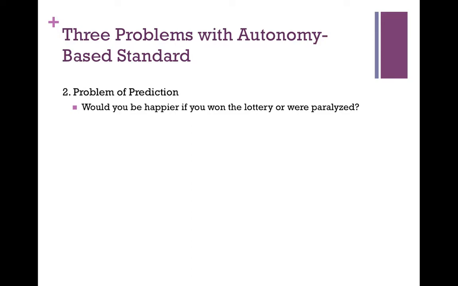There's actually a study done probably 20, 30 years ago about this very thing. A team of sociologists tracked people who had won the lottery, and they tracked people who had become paralyzed. What they discovered is that when people win the lottery, their happiness spikes right off the bat, which you could understand.